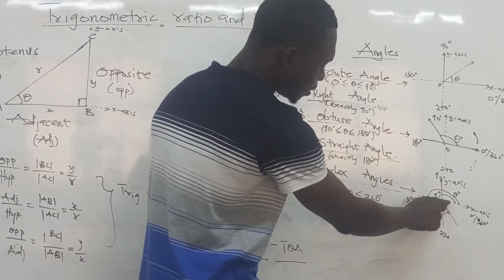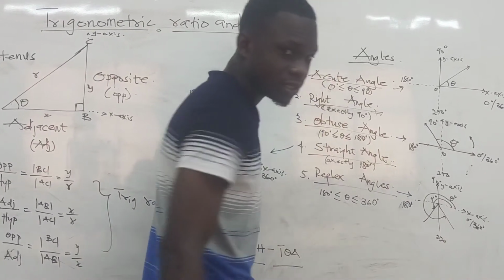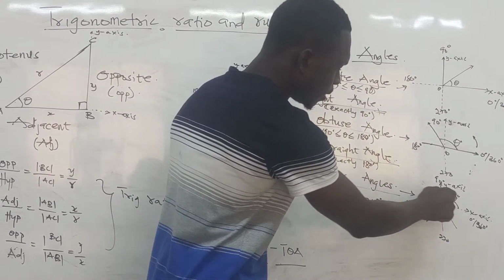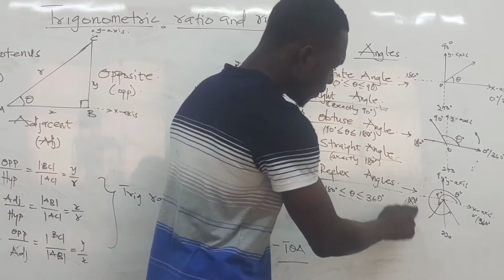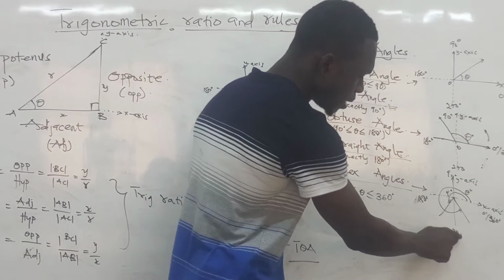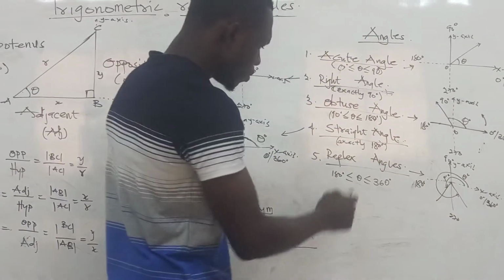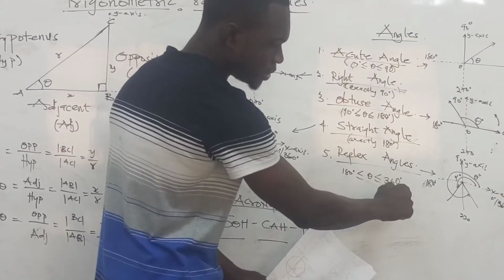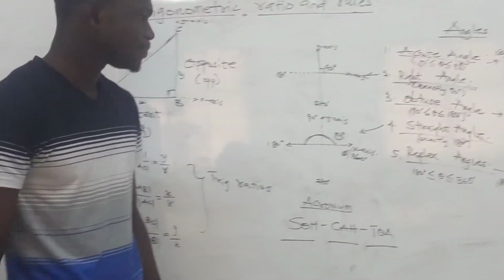It is a reflex angle. And this is also a reflex angle because it lies between 180 degrees and 270 degrees, which are all between 180 degrees and 360 degrees.